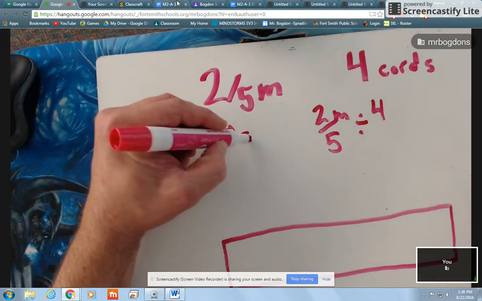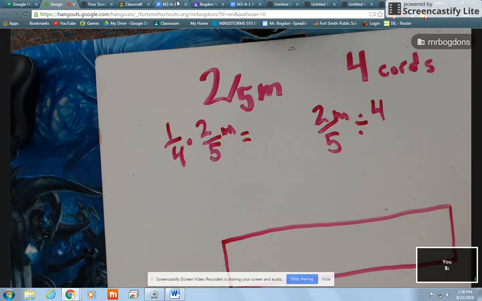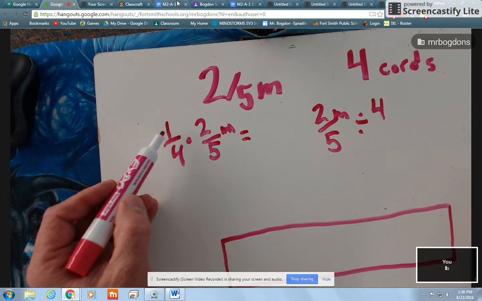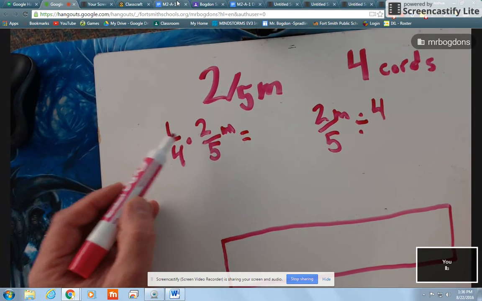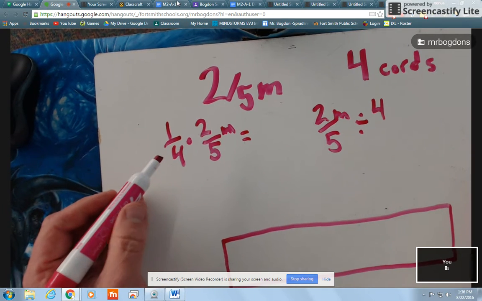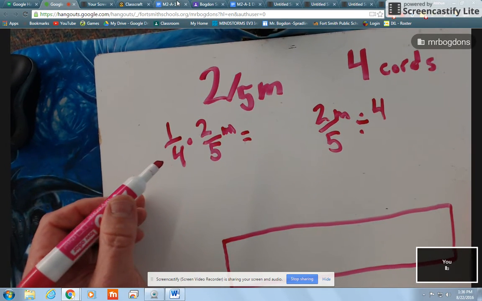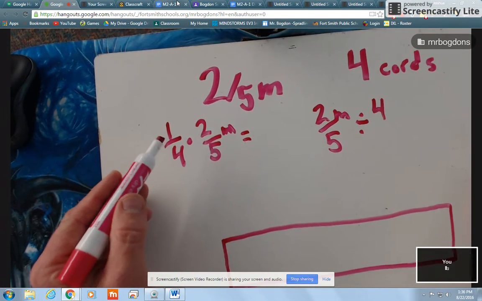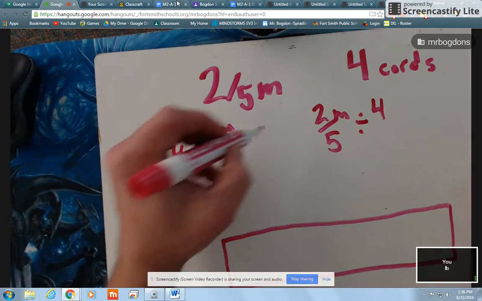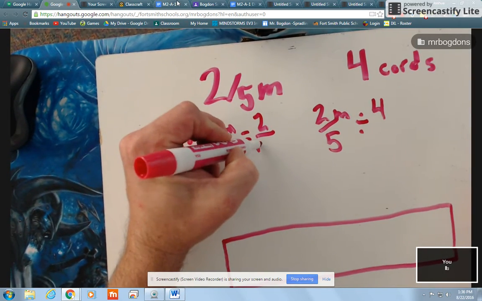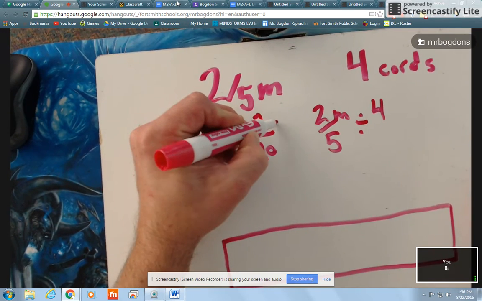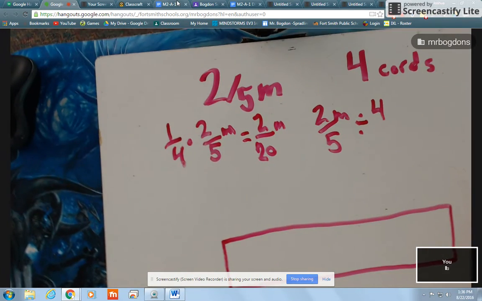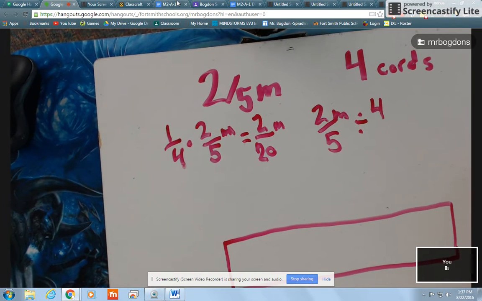Let's go ahead and use some math to show some different answers. Now, if I do this, what is 1/4 of 2/5 meters? So, Ozil, you did this. So, what answer did you get? 2/20ths. So you're saying that each cord is 2/20ths of a meter long, and that's correct, but it's not simplest form. Can anyone see simplest form?